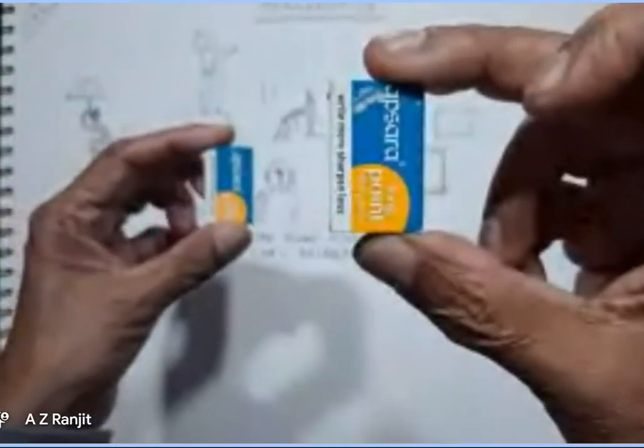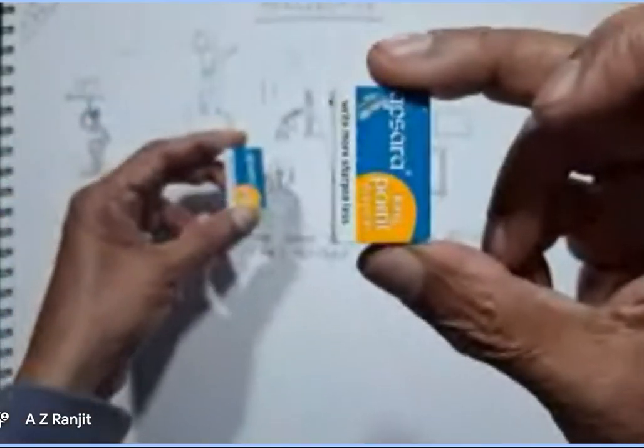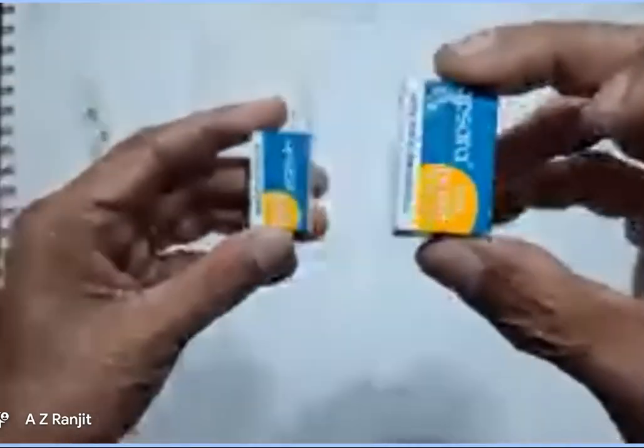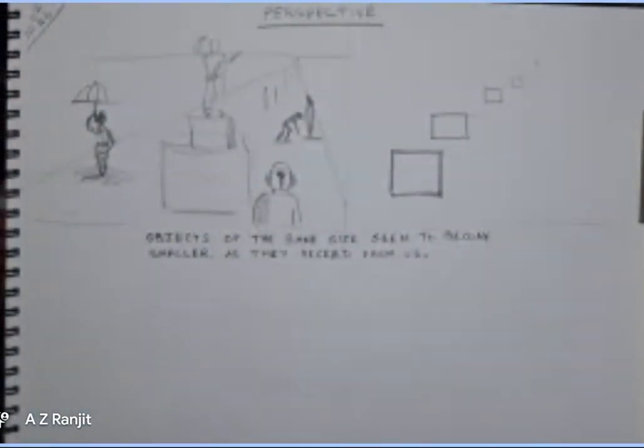As they go away from us, it looks as if they are becoming small. Of course, we know it's not becoming small, but it looks as if it is. Now it is almost in focus, right?